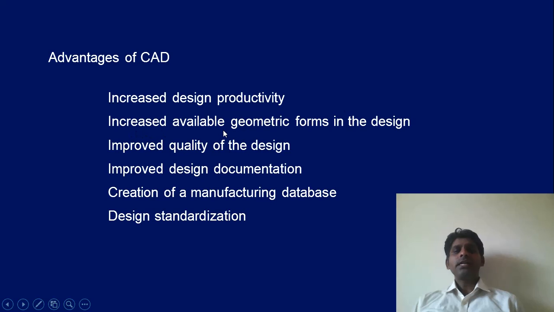Next, increased available geometric forms in the design, right? So there are various geometric forms in the design, and they can be of great advantage to us. And then we see, after doing all of these, there is certainly an increase in the quality of the design and improved documentation. So it means that there will be some conformance about the activities.